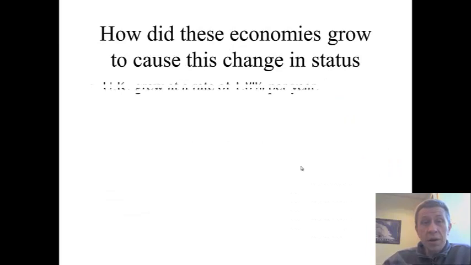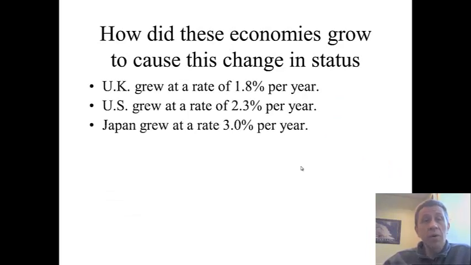Why the difference? It all had to do with economic growth, right? These don't look like huge differences in numbers: 1.8%, 2.3%, 3%. But go to an Excel spreadsheet, type in $1,000 and see what happens to that $1,000 if it grows at 1.8% per year versus 2.3% per year versus 3.0% per year.